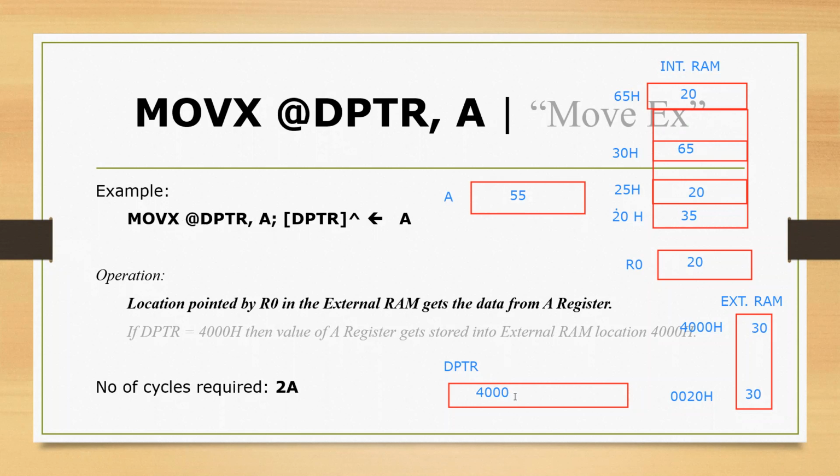The DPTR content is 4000 hex, so 4000 hex is the destination. We are copying the value from A to the location pointed by DPTR. So 55 is copied from the accumulator to the location 4000 hex in the external RAM.